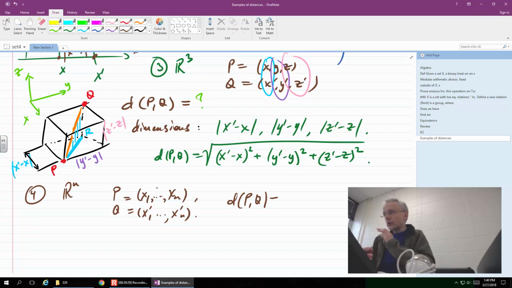So the coordinates of P are x1 through xn, n numbers. The coordinates of Q are x1 prime through xn prime, also n numbers. Then the dimensions of that n-dimensional box, unfortunately the same word for two different things, will be, once again, the differences.